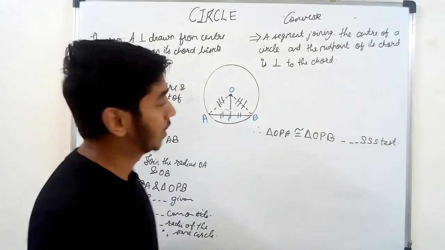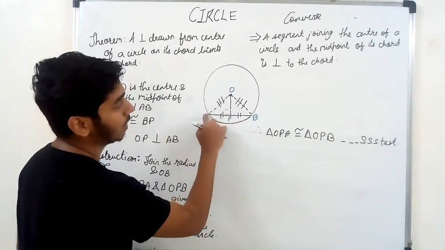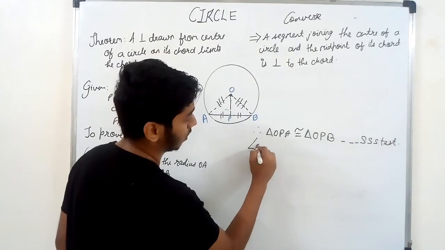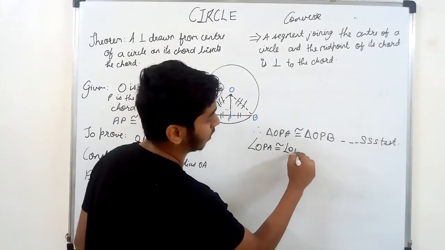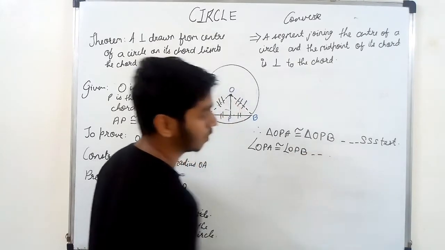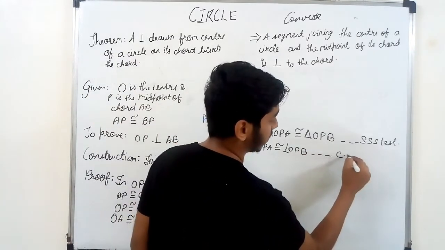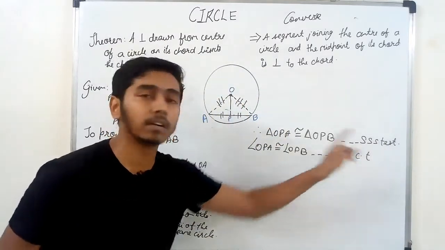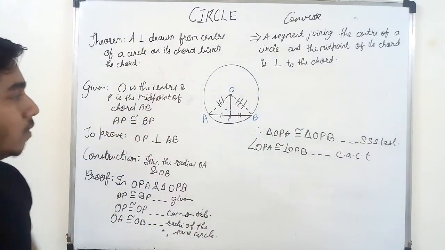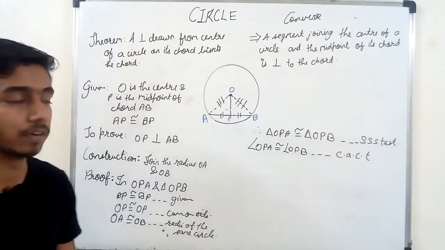So you have proved this. Now we can say that angle OPA is congruent to angle OPB. Why? CPCT, corresponding parts of congruent triangles. Okay, I hope you are understanding this so far.